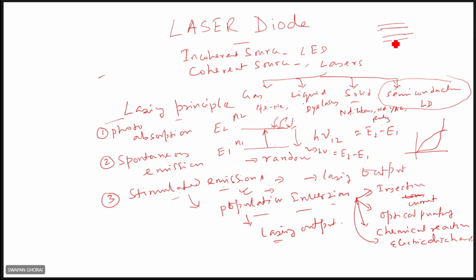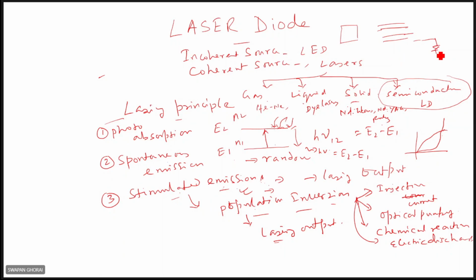So if you use sources other than semiconductors, an external modulator, an external device, is required. But if you use semiconductor sources, simply by changing the drive current, you can modulate their optical output. So you don't require any external modulator.